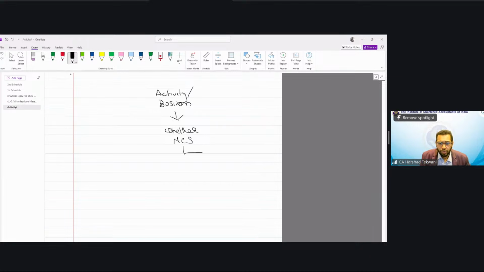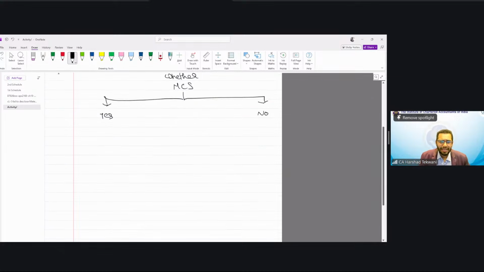There could be two outcomes: yes and no. The moment I say yes, it is deemed to be in practice, and there is no need for clause 11. Perfectly fine, matter over. You have permission. A CA in practice can provide the management consultancy service. There is no need for anything more.